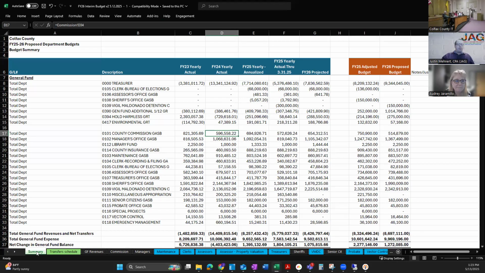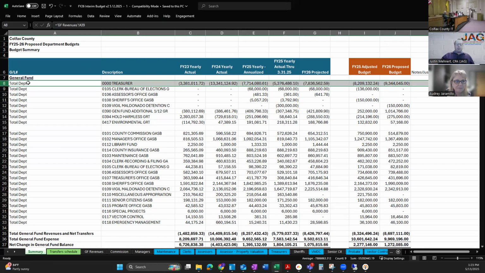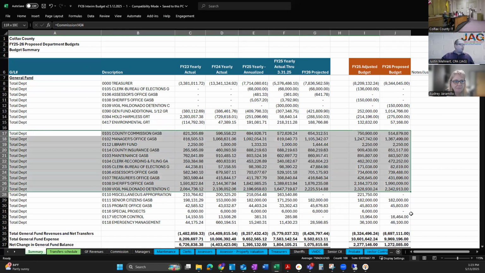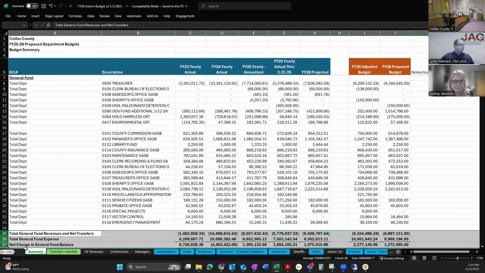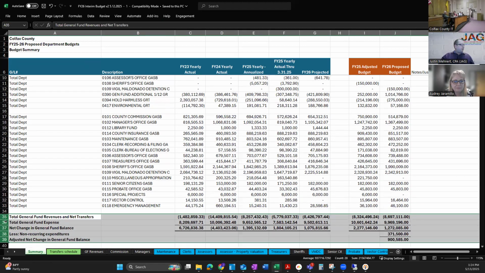So the first tab is a great first place to start. It has by department the total revenues, which are net of transfers, and then total expenses. Just to help orient you, the negative numbers are revenues, and the positive numbers are expenditures. If you look down at the totals, these are totals for all the general fund departments combined.